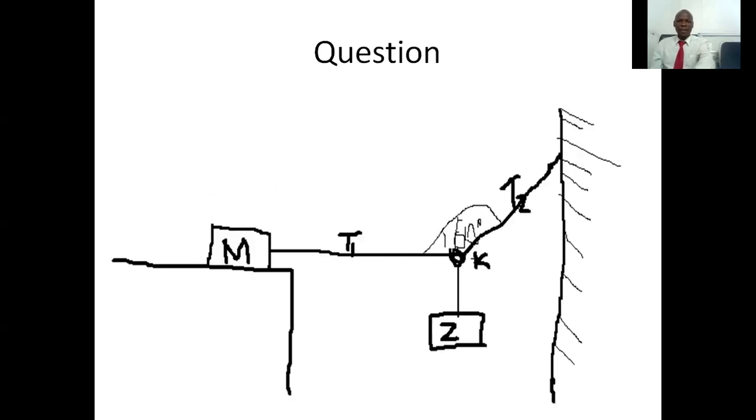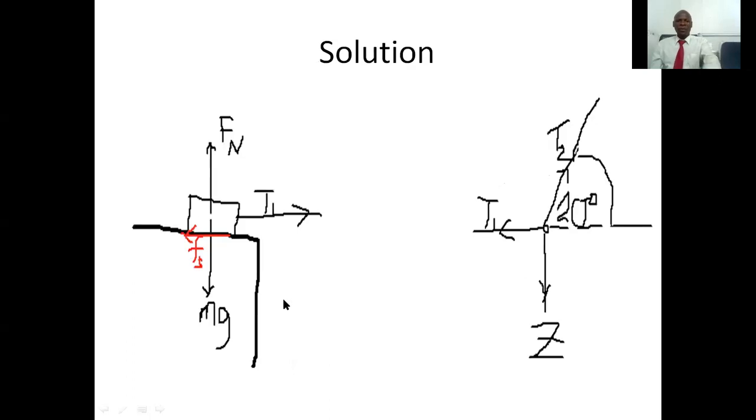If you look at these diagrams, we can actually isolate the systems. This is actually one system, but if we want to deal with this question in a simpler way, we can isolate the systems. So we have a system M here, and another system from K here.